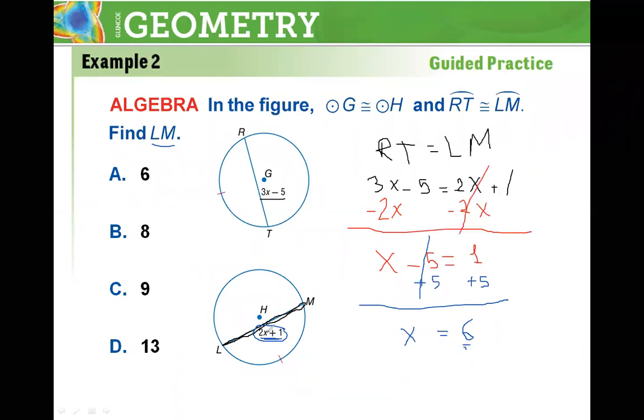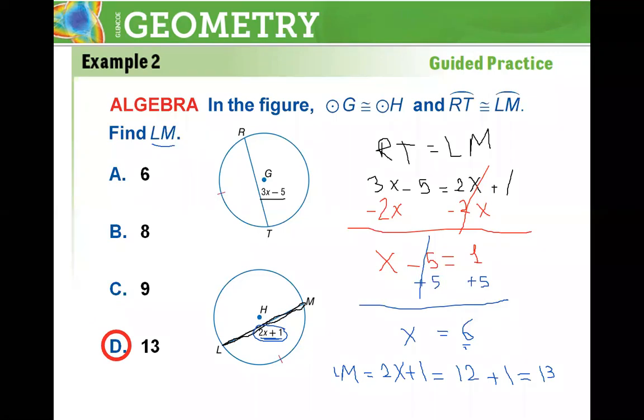So we substitute: 2x means 2 times 6, which is 12. 12 plus 1 equals 13, which is letter D. So the answer will be letter D, as Abdullah and Mazen said.